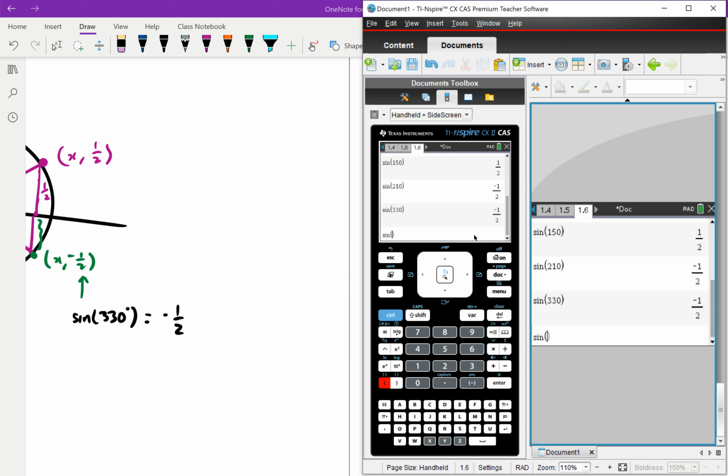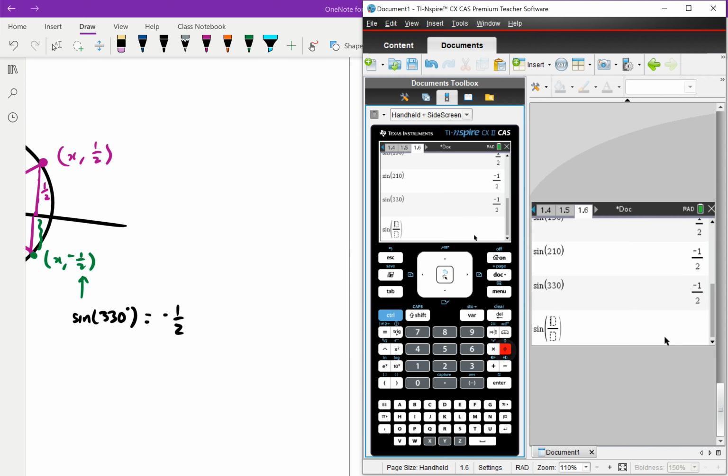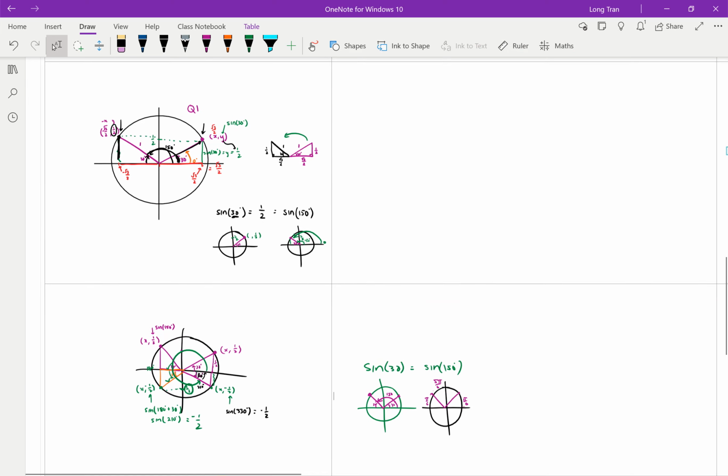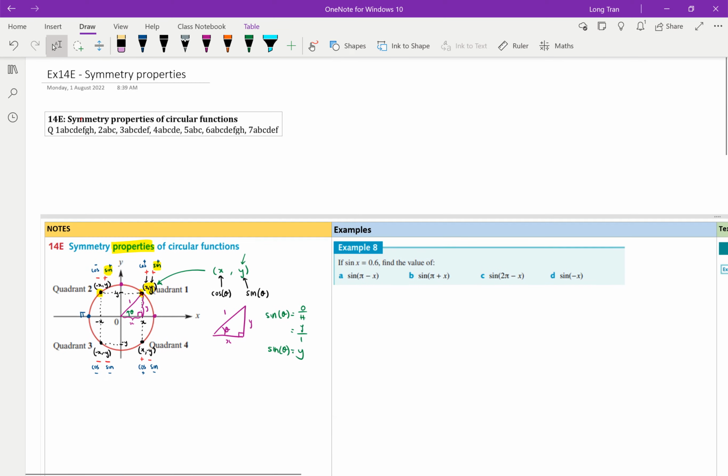Sine of pi over 6, that's meant to be your 30 degrees, equals half. Now sine of 5 times pi on 6 also equals half. Your job is to work with the radians and try to figure out where you are in the unit circle.